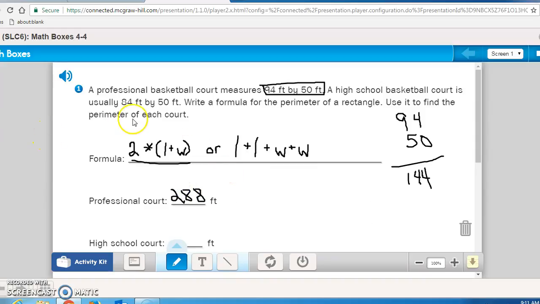If I was doing the high school court, notice how I'm going back and putting a box around the numbers to make sure I'm using the right numbers. I would take 84 plus 84 plus 50 plus 50, which I already know 50 plus 50 is 100. And I would come up with 268.